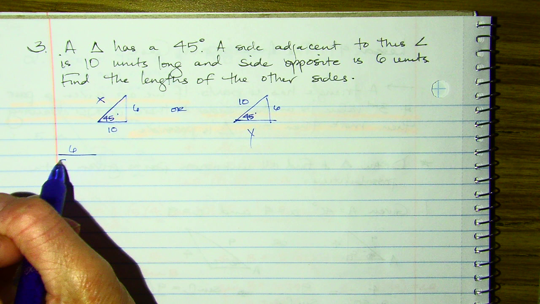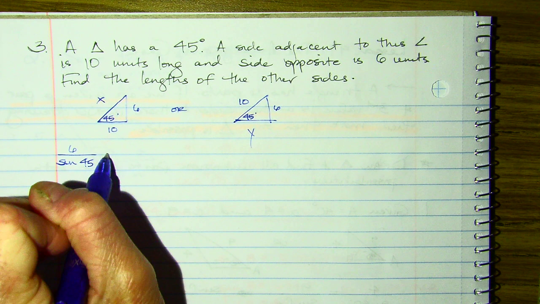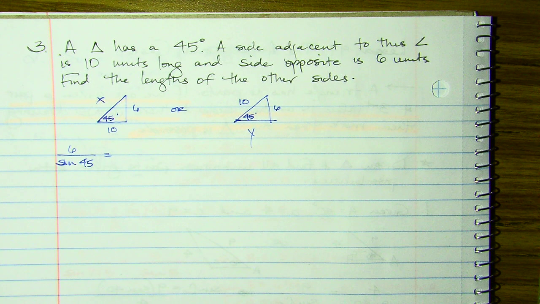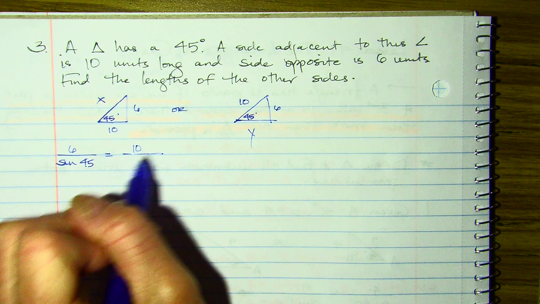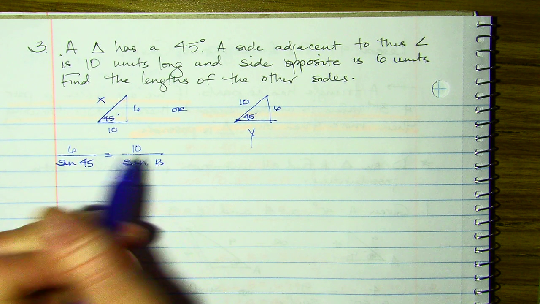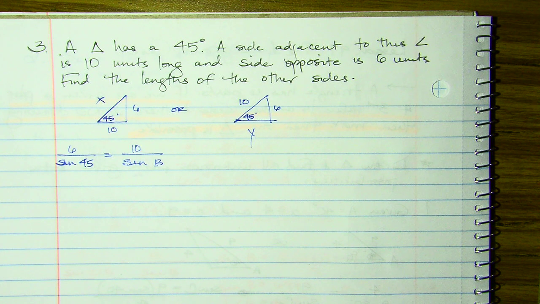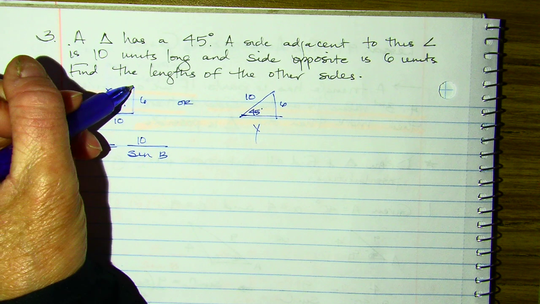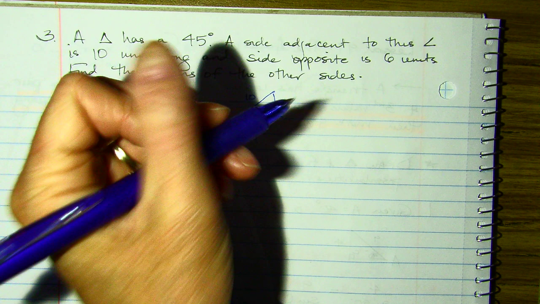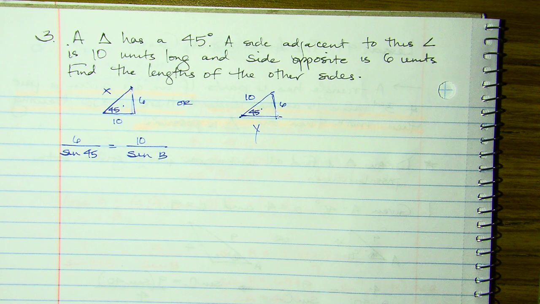6 over the sine of 45 equals 10 over the sine of angle B. I'm going to just start solving. I don't know that this is a 90-degree angle. I know I kind of drew 90-degree triangles, but I don't know that this is the right triangle.